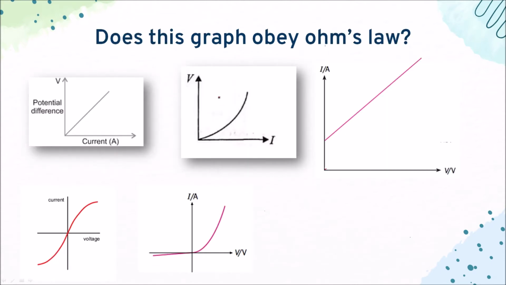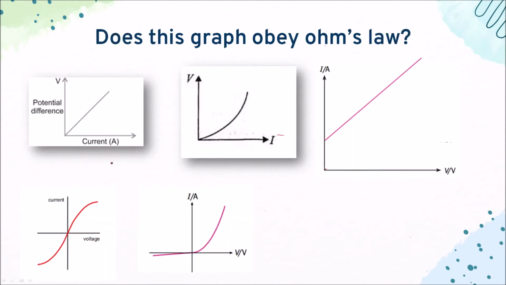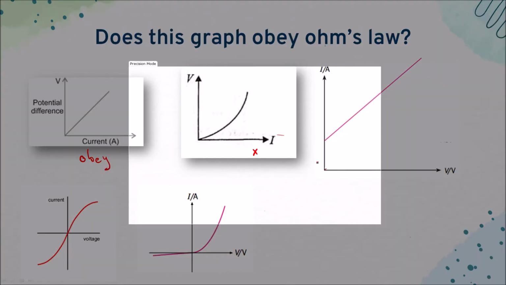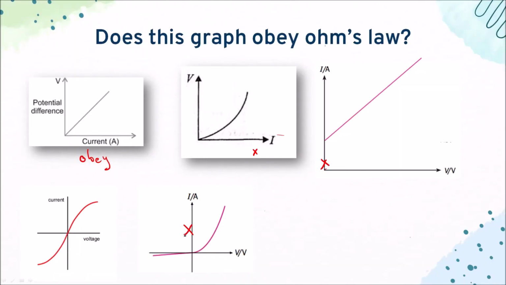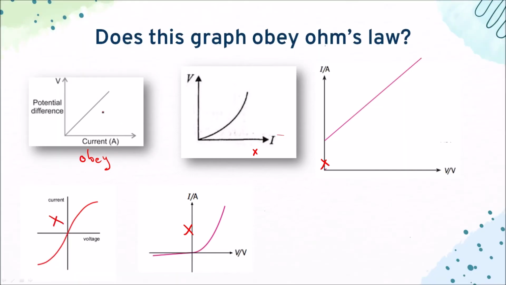A possible question that they can set in exam is which graph doesn't obey Ohm's law. I think this is quite straightforward. As long as it's a straight line and passes through the origin, it should obey Ohm's law. The rest do not obey Ohm's law. It's very clear cut that V must be directly proportional to the current.